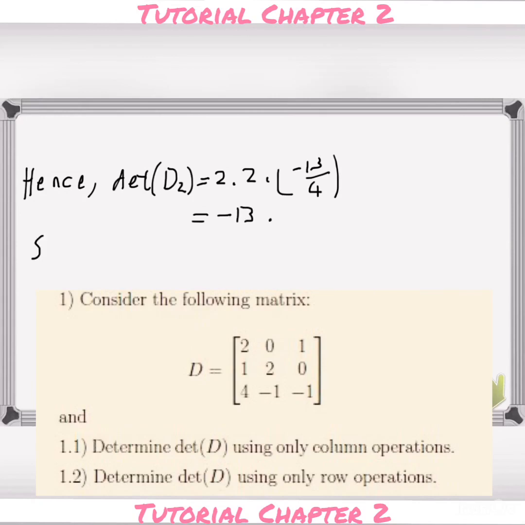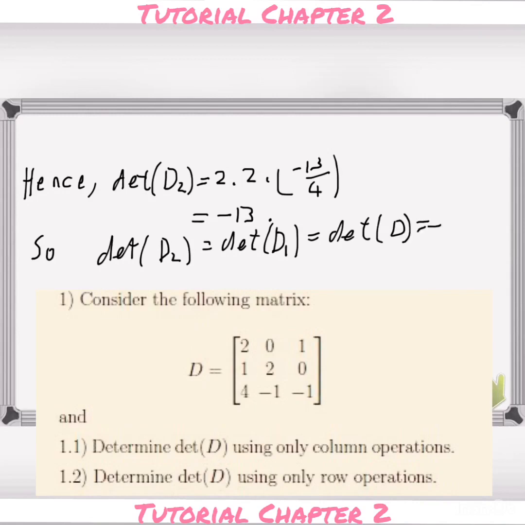Alright, so the determinant of D2 is the determinant of D1 is the determinant of D, which is going to be minus 13.